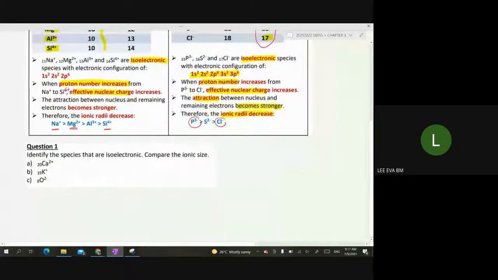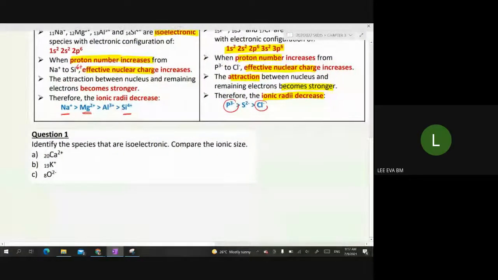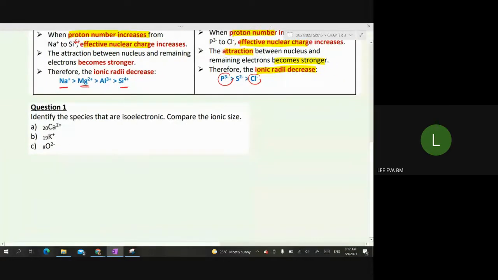So now, let's look at the example question here. Identify the species that are isoelectronic and then compare the size. So which of these A, B, C are isoelectronic? How do we look at it? Any idea how we are going to look at the isoelectronic species?